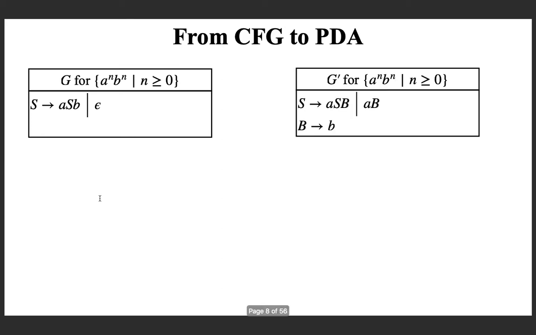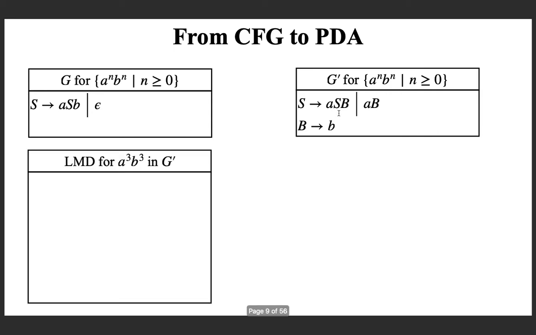Consider this context-free grammar for the language a^n b^n. And for the construction, I am assuming that the grammar is converted into Greibach normal form. So, here is an equivalent grammar in Greibach normal form. From now onwards, assume that this is what is given as the grammar.